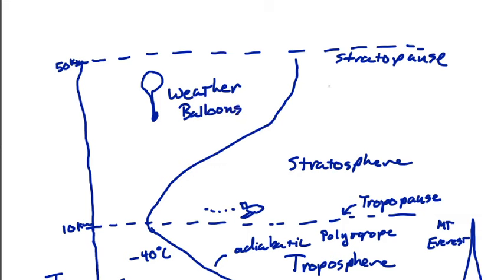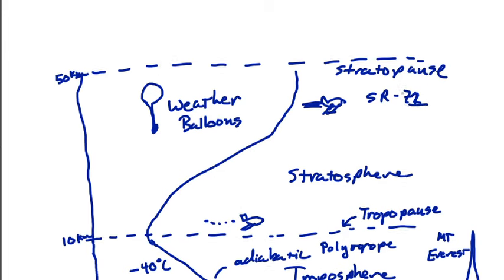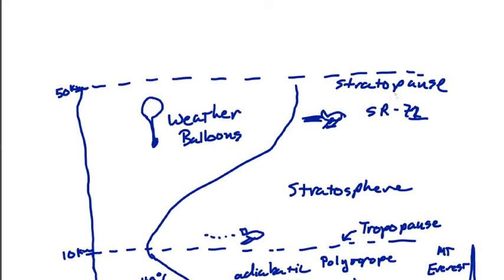So let's draw ourselves a crazy spy plane going super fast here with wings, maybe an SR-71, flying up at these sorts of altitudes, very high up in the atmosphere of the Earth.